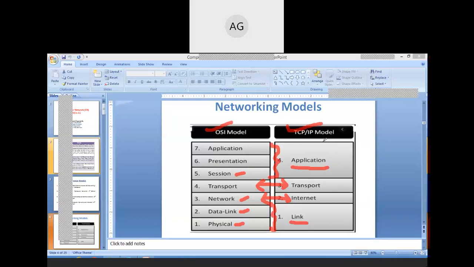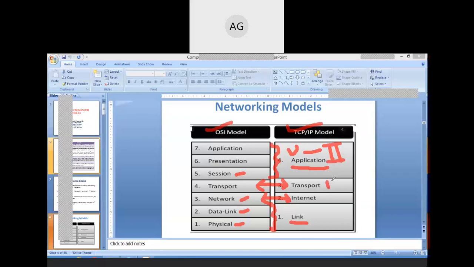The TCP/IP model consists of 4 layers, and the syllabus of computer networks is divided according to these 4 layers. In unit 2, we are studying the application layer.